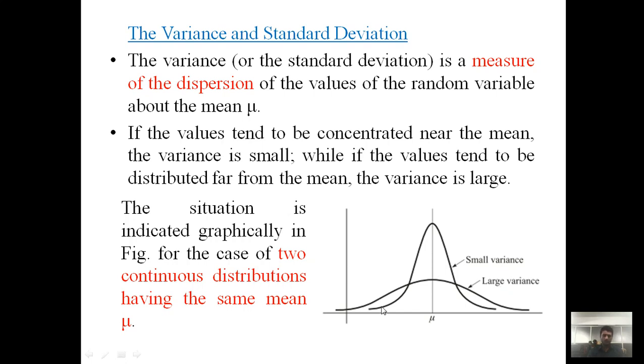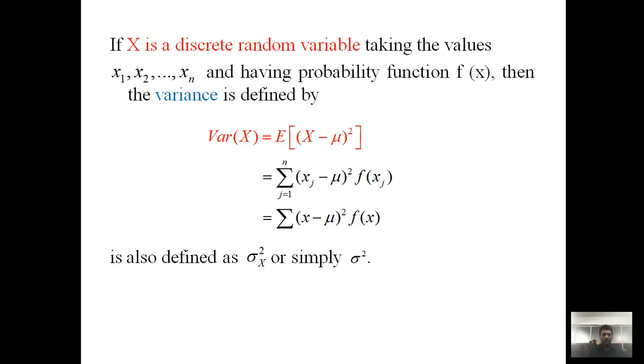But remember one thing here: this first graph and the second curve both represent two continuous distributions having the same mean mu, that is, the same expected value mu. Say capital X is a discrete random variable taking some finite values x1, x2, x3 and so on up to xn, having probability function f of x.